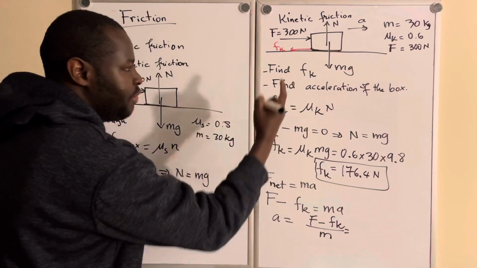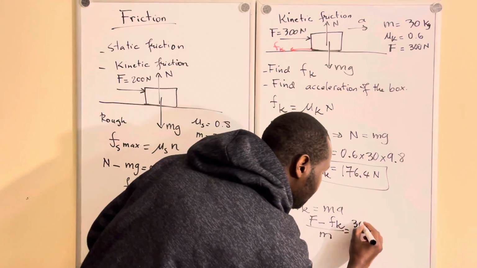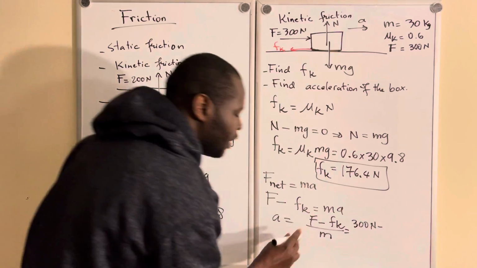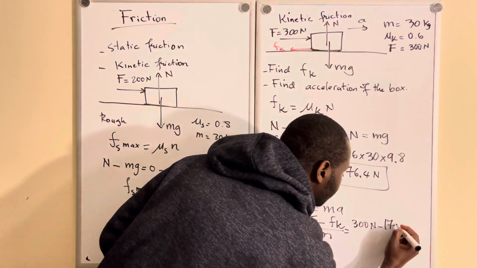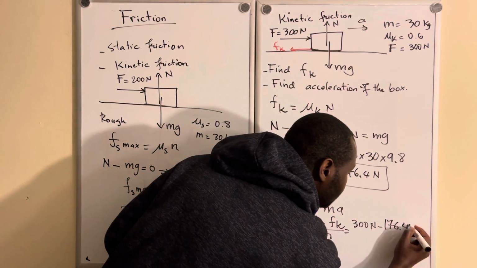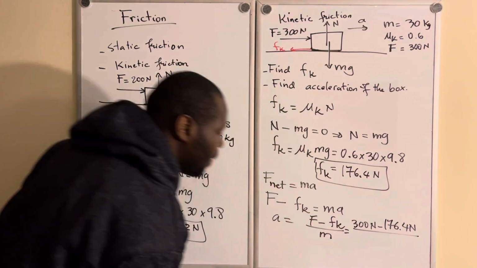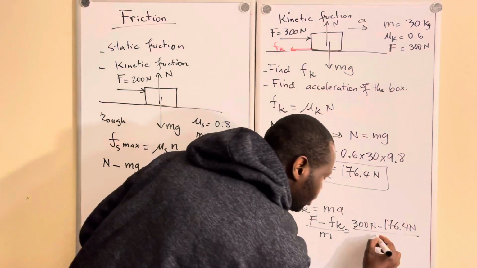What is F? F is given to be 300 newtons, minus the Fk, which we found to be 176.4 newtons, divided by the mass. The mass of the box is 30 kilograms.